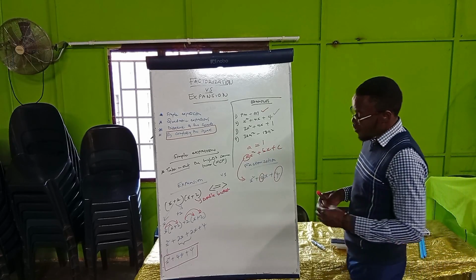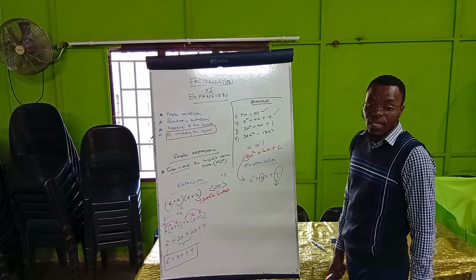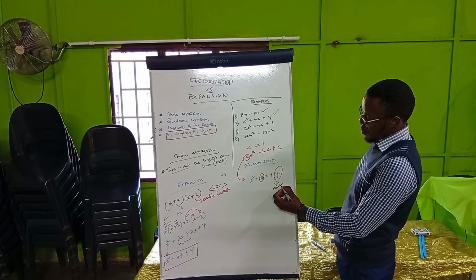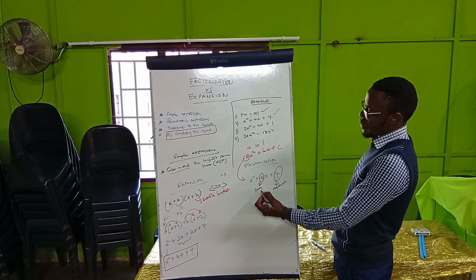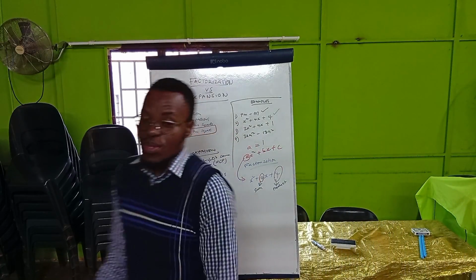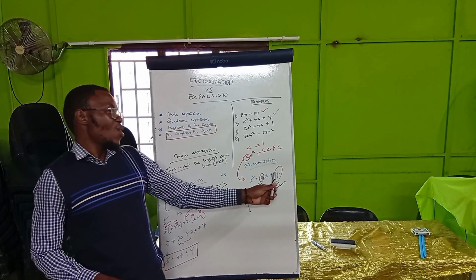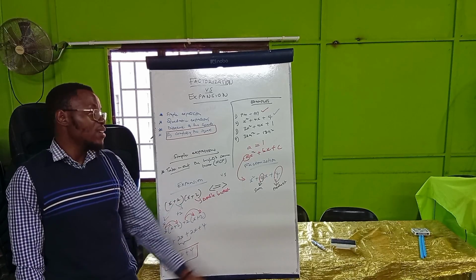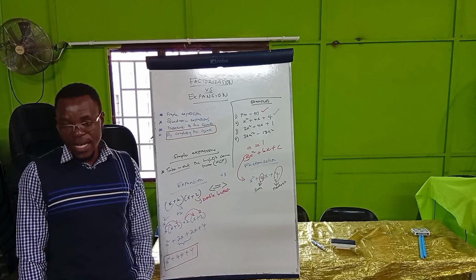For the value of c, we are supposed to focus on the product, and for the value of b, we are supposed to focus on the sum. So we need the factors of 4 whose product will give us 4 and whose sum will give us 4 again.